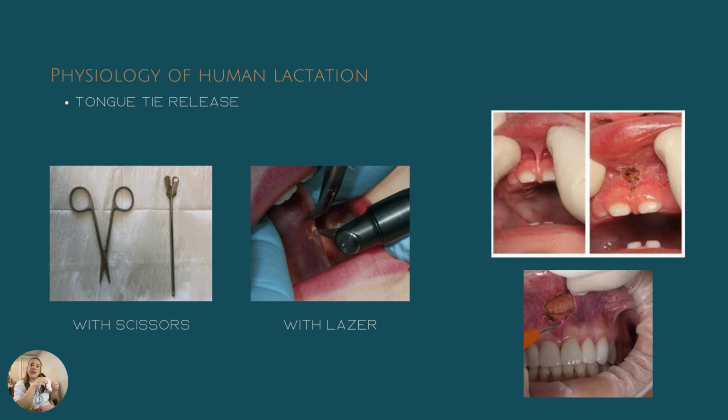The laser is burning off that membrane and also sealing, so bleeding is none or small. With scissors, bleeding could be just a tad to none as well, depending on how the process was done. And in both, the parent can latch right away, and oftentimes they quickly report a significant change.